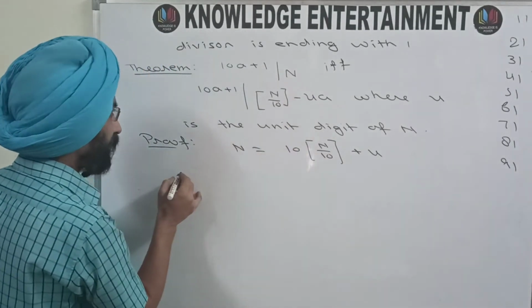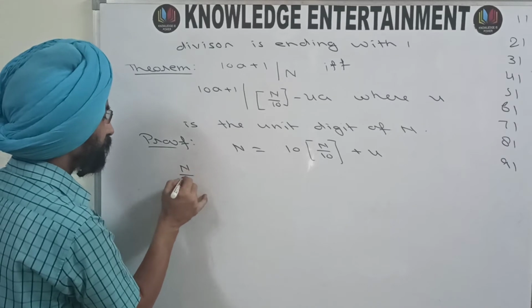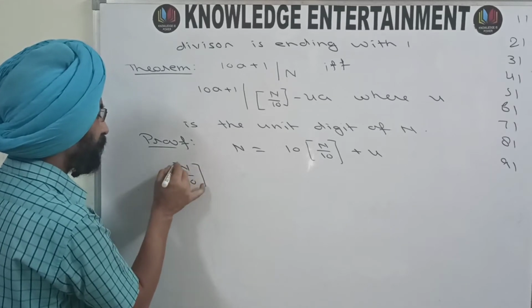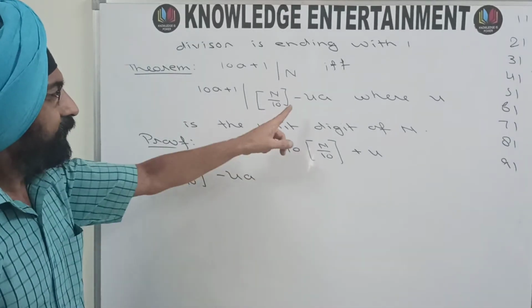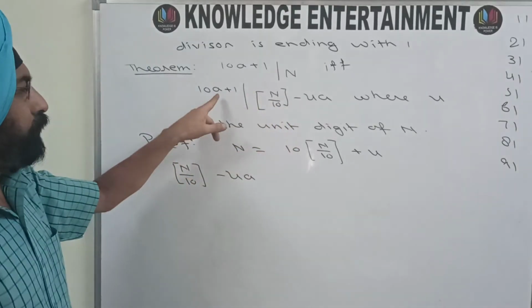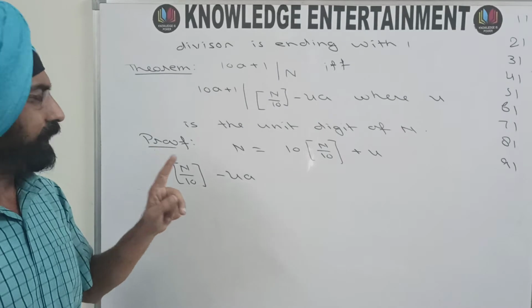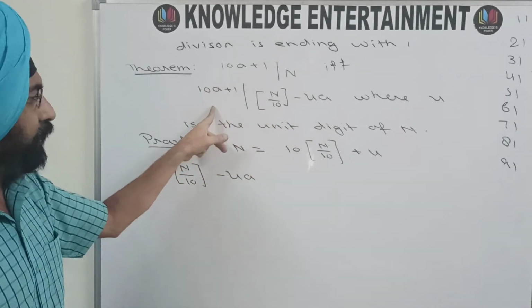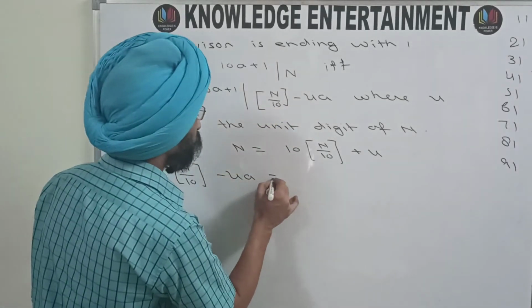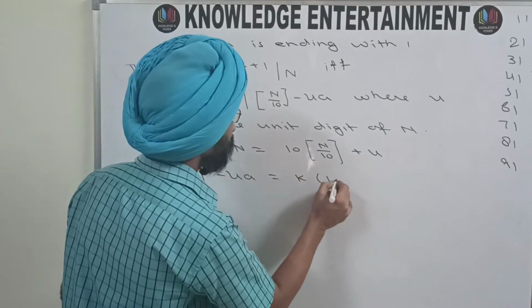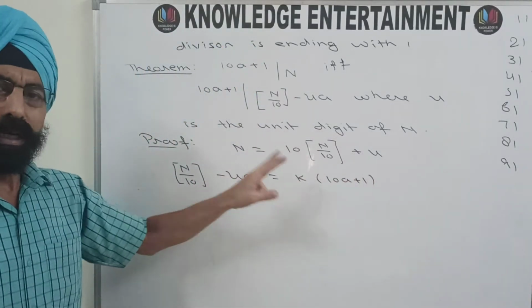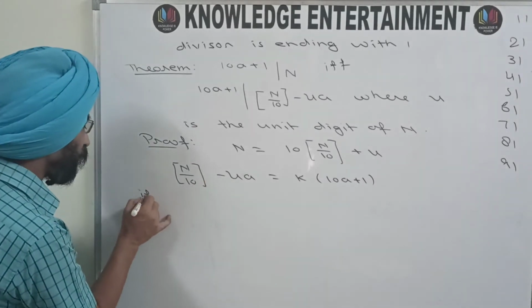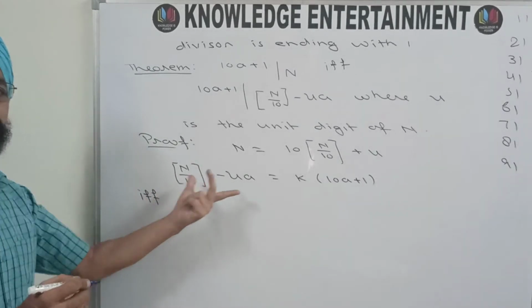This number, n by 10 minus ua, if this number is divisible by 10a plus 1, then this is equal to some k times 10a plus 1. So this is true if and only if. I am using here if and only if so that the converse part will be covered automatically.